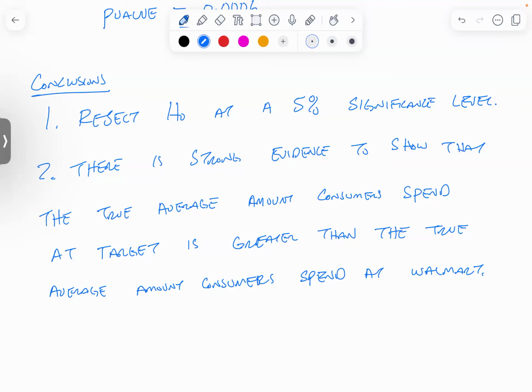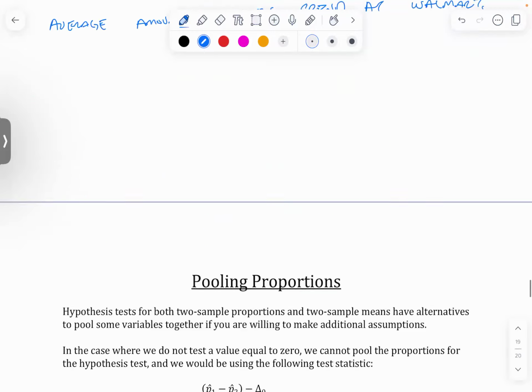Mu T is bigger than mu W. That's literally all we said there. And that is the proper interpretation. That's what I want you to focus on. Interpretation is everything.